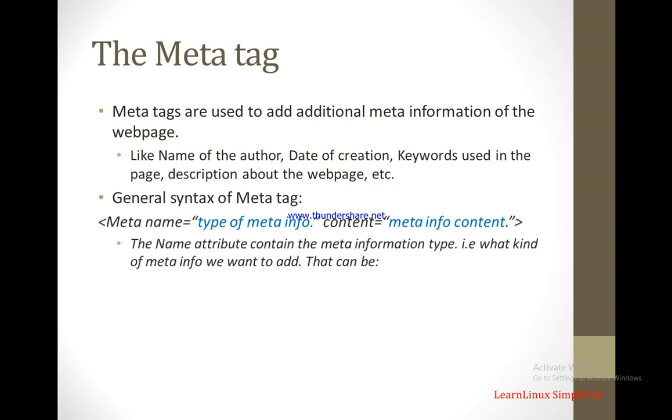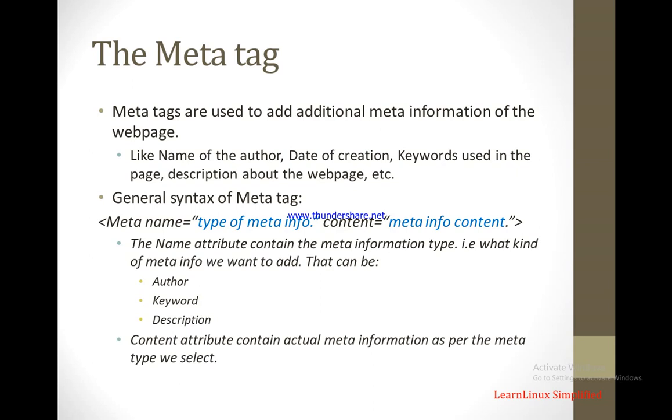Here the name attribute contains the meta information type, that is, what kind of meta info we want to add. That can be author, keyword or description. And second is content. The content attribute contains the actual meta information as per the meta type we select.